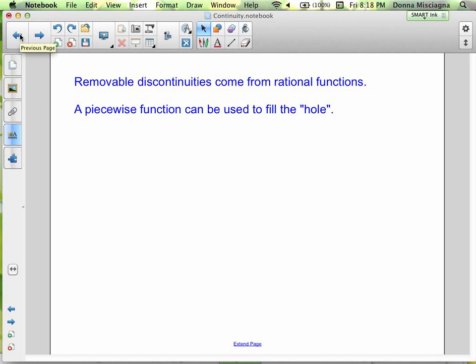All right, so removable discontinuities come from rational functions. A piecewise function can be used to fill the hole. So we're going to be looking at rational functions here and trying to fill in holes. Remember there are two kinds of discontinuities that a rational function can have.